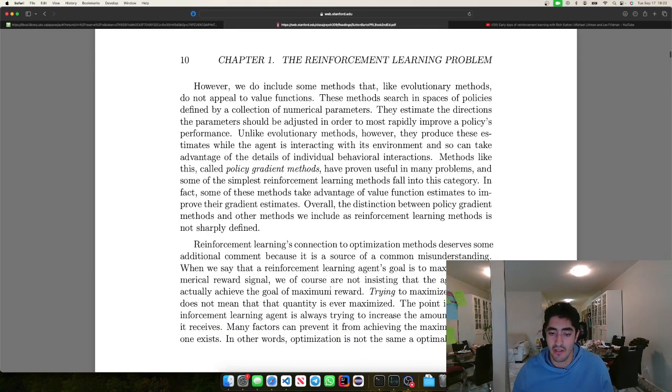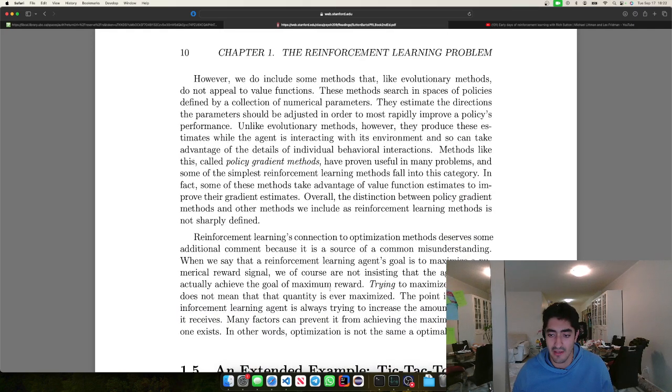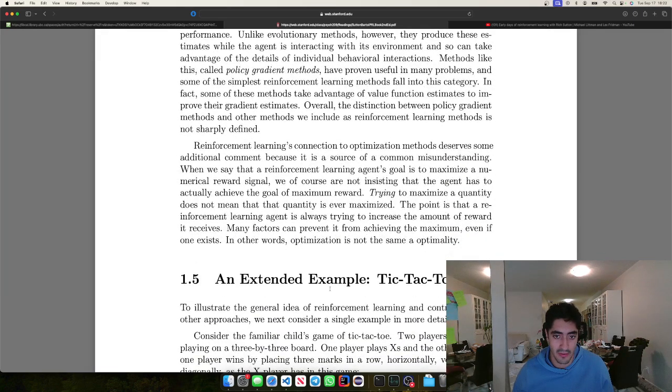Reinforcement learning's connection to optimization methods deserves some additional comment because it is a source of a common misunderstanding. When we say that a reinforcement learning agent's goal is to maximize a numerical reward signal, we of course are not insisting that the agent has to actually achieve the goal of maximum reward.